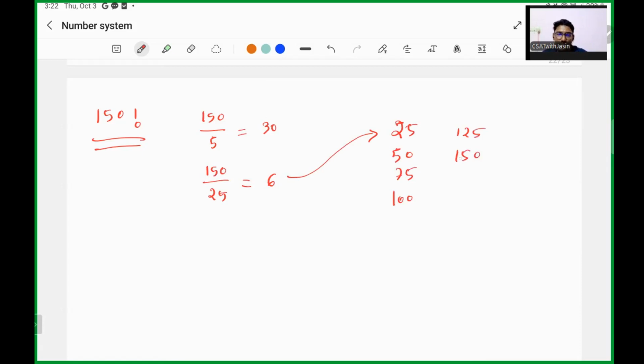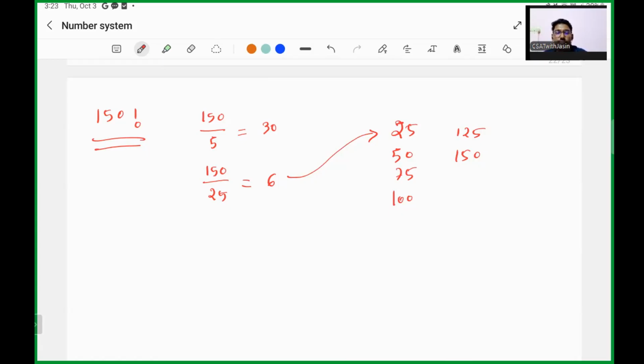But there is an issue here. The answer is not 36. Can anyone tell me what the problem is here?